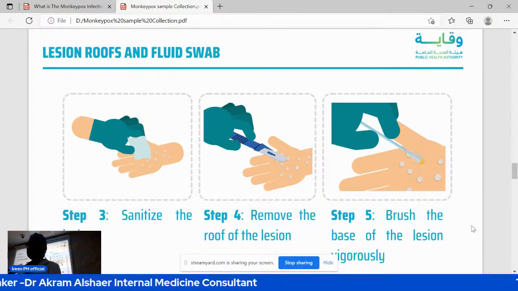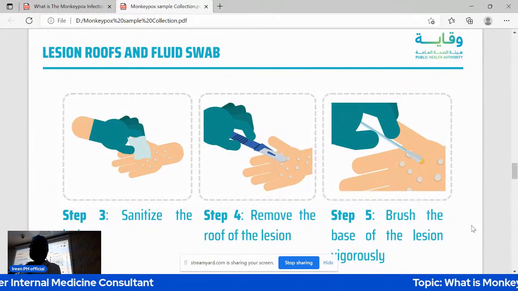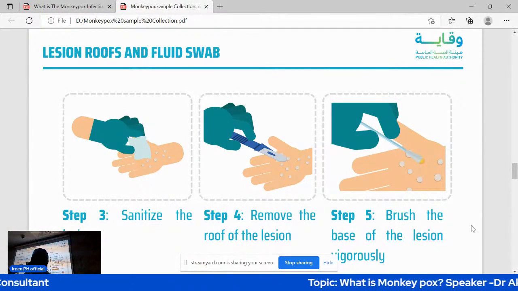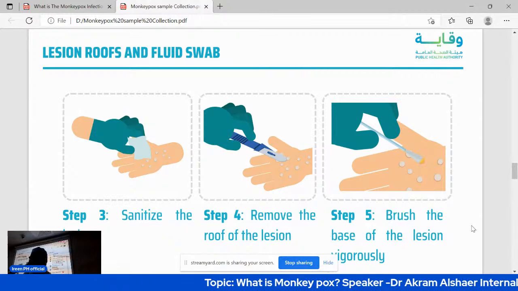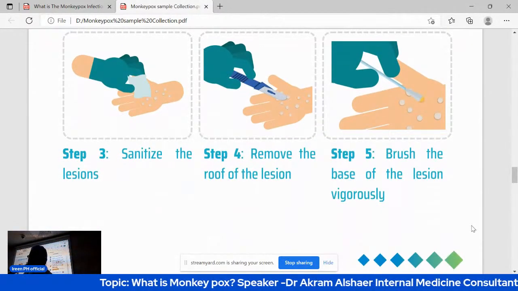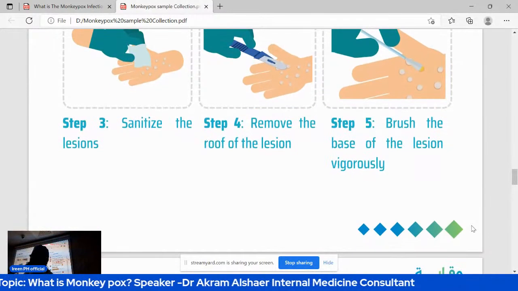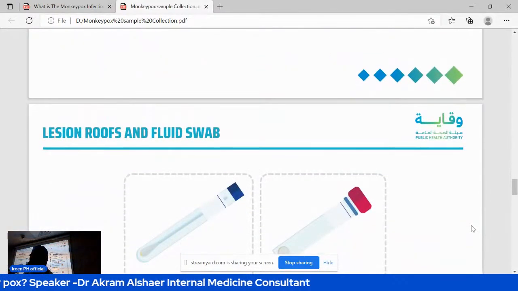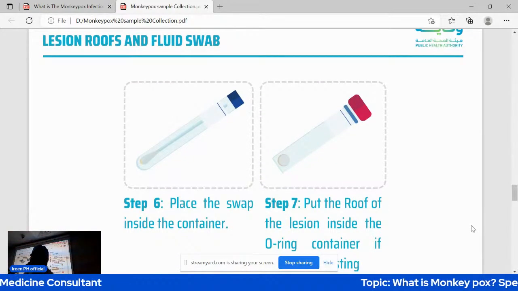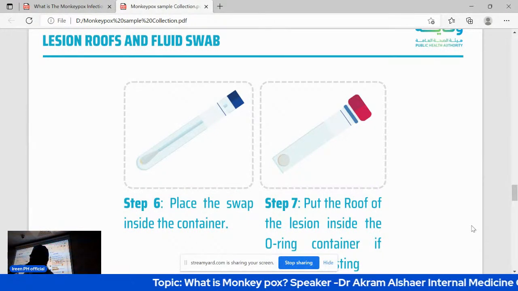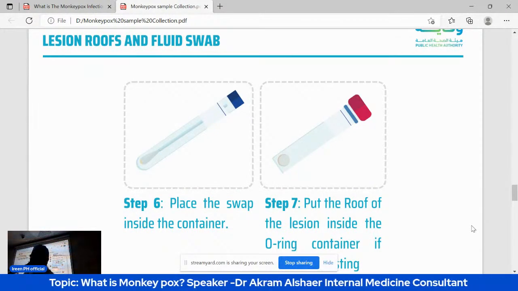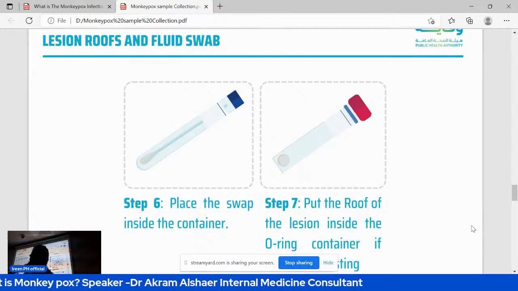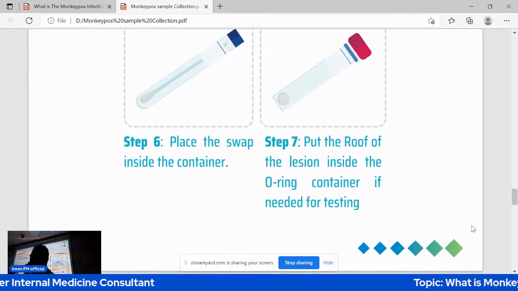Step 4, remove the roof of the lesion. Step 5, brush the base of the lesion vigorously. Step 6, place the swab inside the container. Next, step 7, put the roof of the lesion inside the O-ring container if needed for testing.